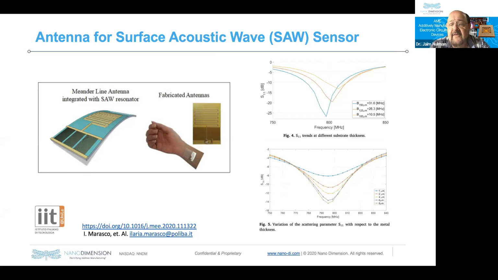And this graph shows how they optimize the thickness of the dielectric as well as the thickness of the traces, so that the impedance for the RF sensing is optimized according to the design requirements for this particular sensor.